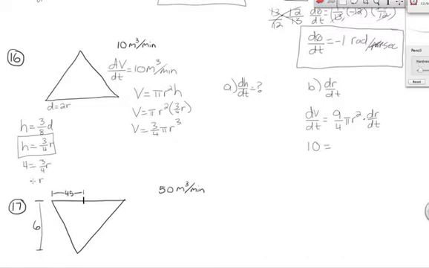And the radius would equal 16/3. So I get 9/4 times 16/3. That's my radius, and I am squaring it, times dr/dt, which is what I'm looking for.